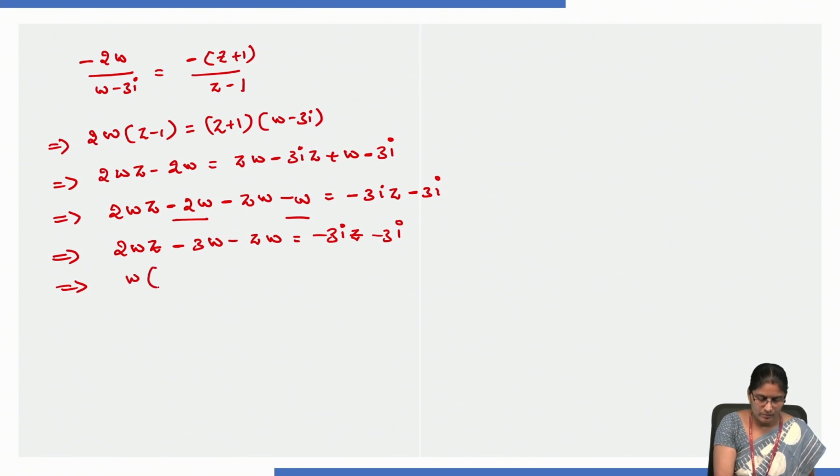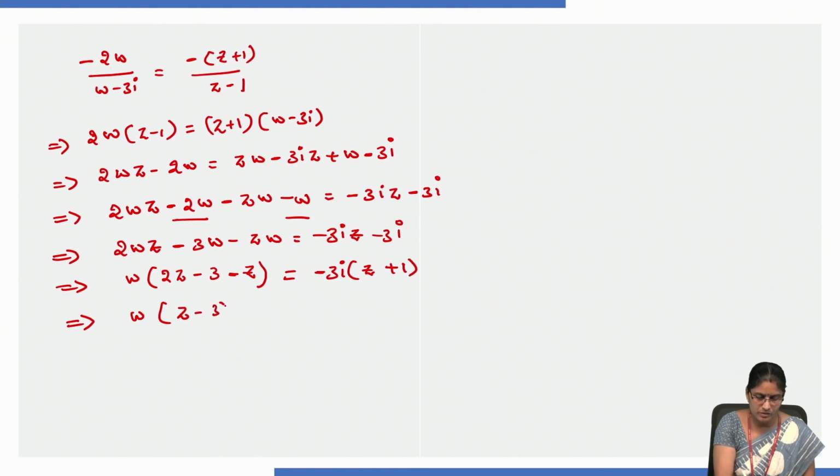Take w common, we get 2z minus 3 minus z equal to, here we are taking minus 3i common, z plus 1. That implies w into 2z minus z, that is z minus 3, is equal to minus 3i into z plus 1.